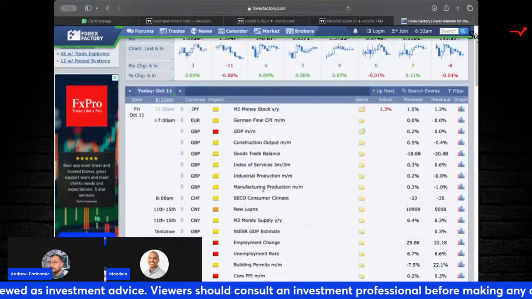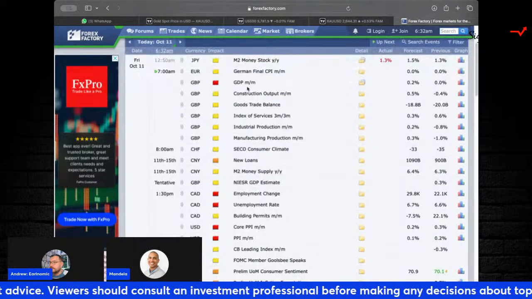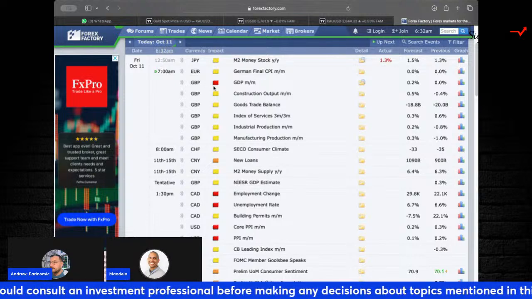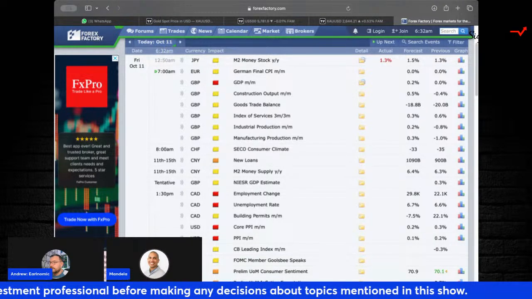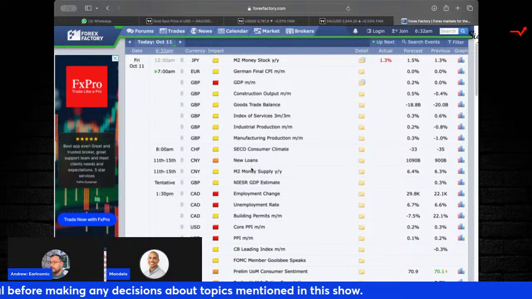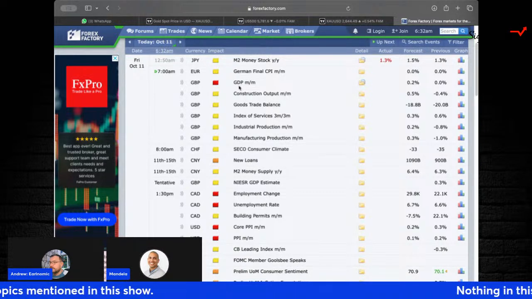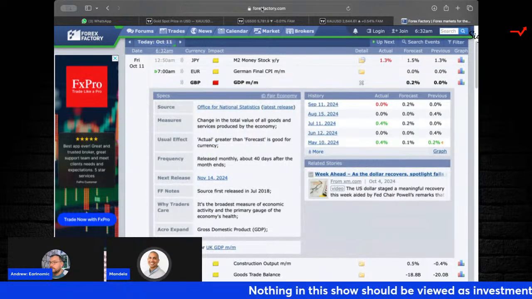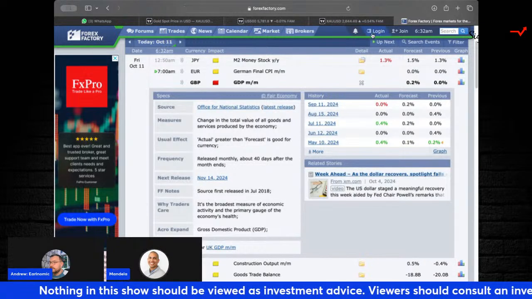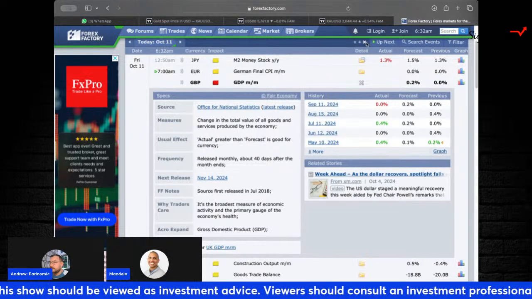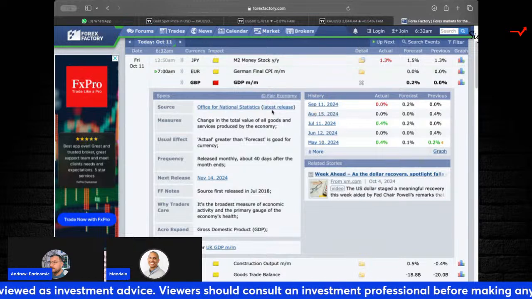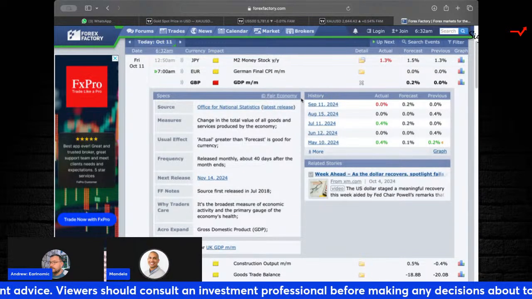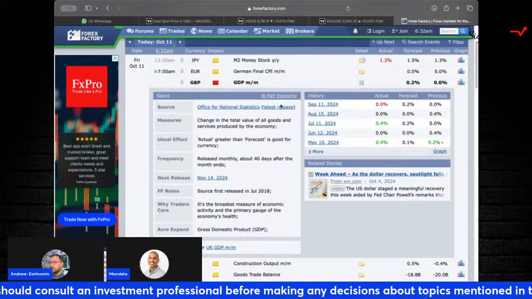That's my advice. All right, so for today, looking at the major news events on the calendar. The first one for the London session is going to be GDP, gross domestic product. Anybody who wants to follow along at home can check out forexfactory.com. You can also create your free login if you like. We are not sponsored by Forex Factory, but they are one of the OG news sources for data.